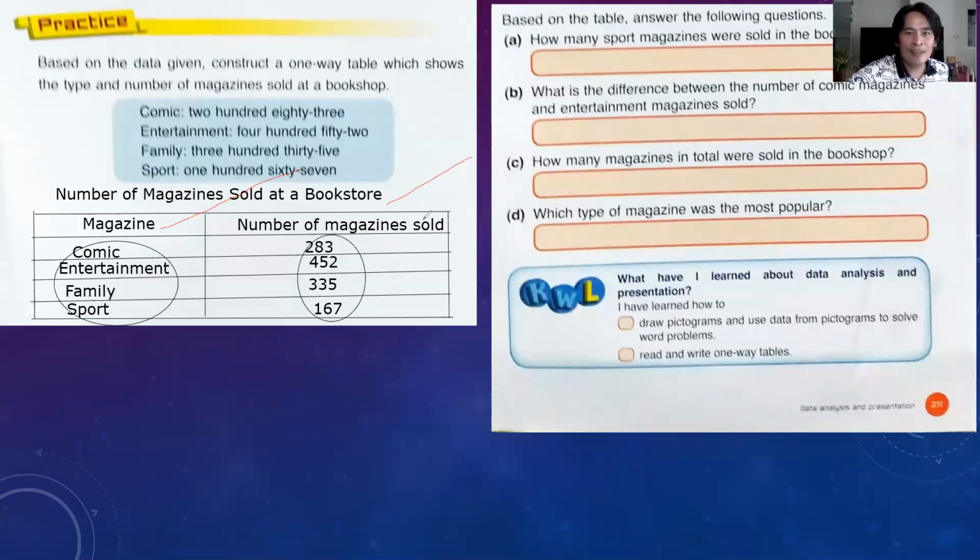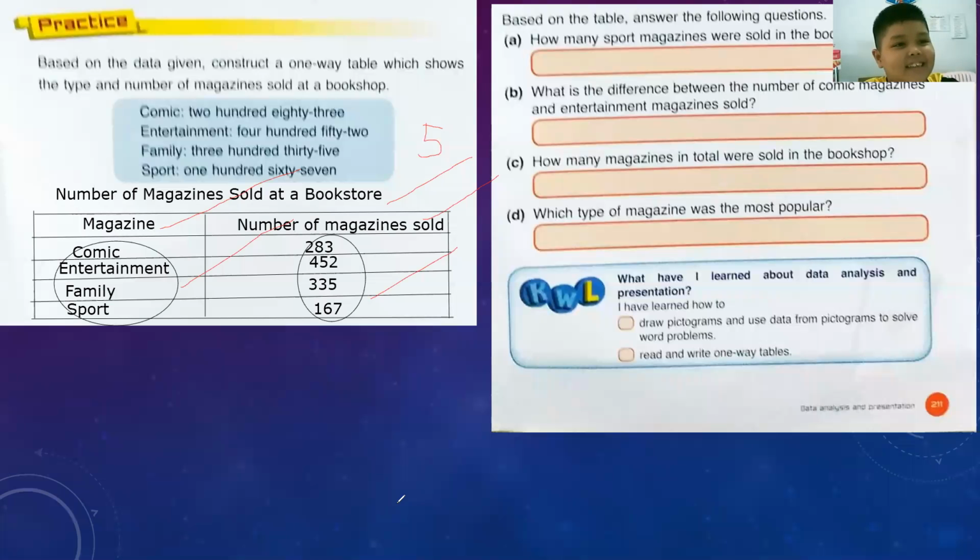The name of the second column is another 1 point. So that's 3 points now. And then the information is 1 point, 4 points. And of course, the quantity or the number of magazines sold, 5 points. Yay, you got 5 points today because Teacher Chris helped you. Okay, and you are hardworking today.